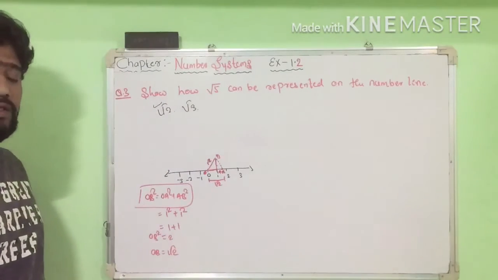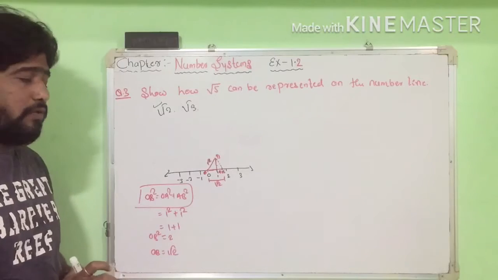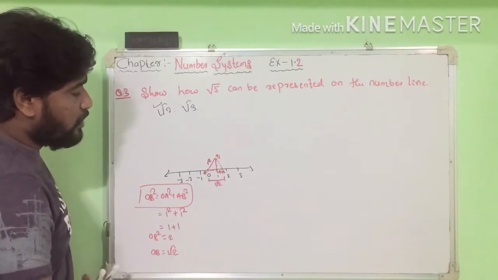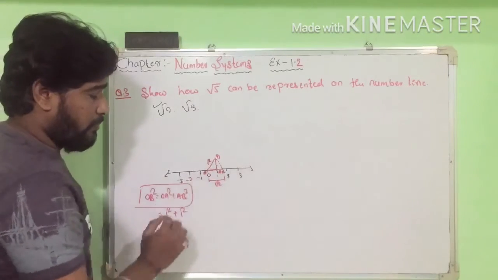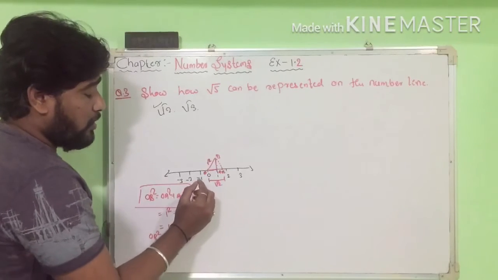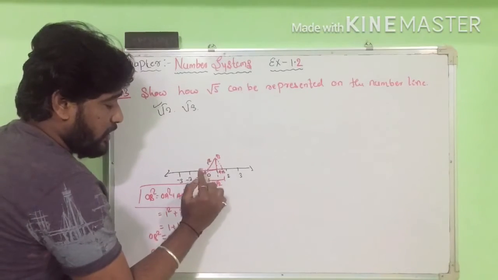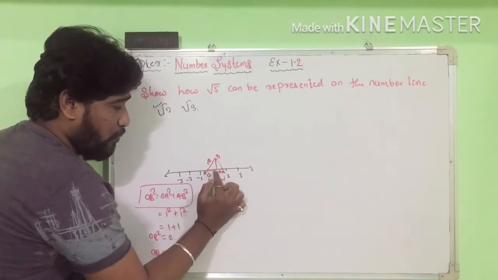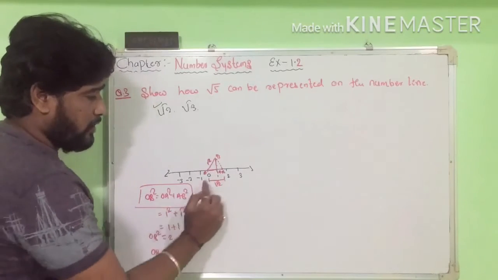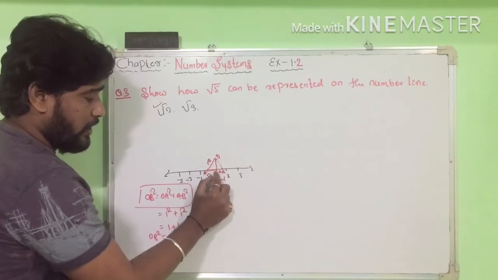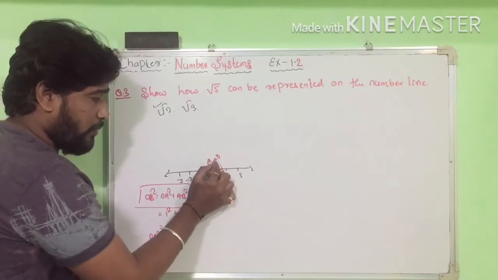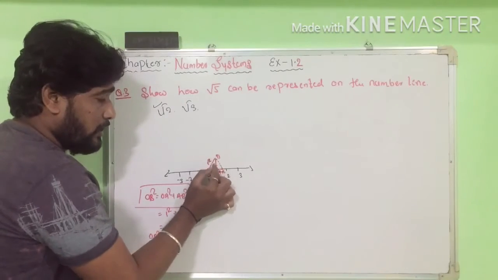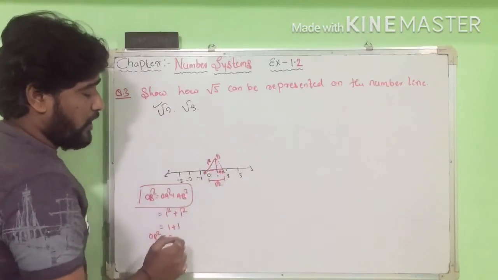Any doubt? So once again I will explain. First draw a number line. After that, take 1 unit length from 0 in the positive direction of the number line. So here to 1 unit. After that, take one perpendicular line whose length must also be 1 unit.